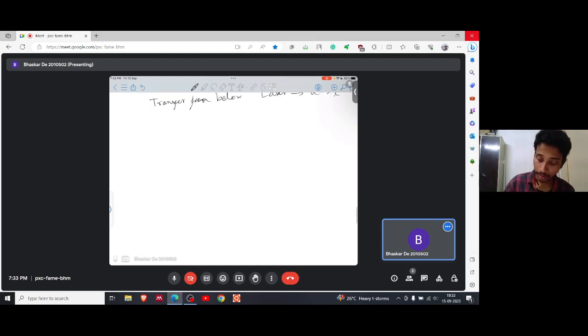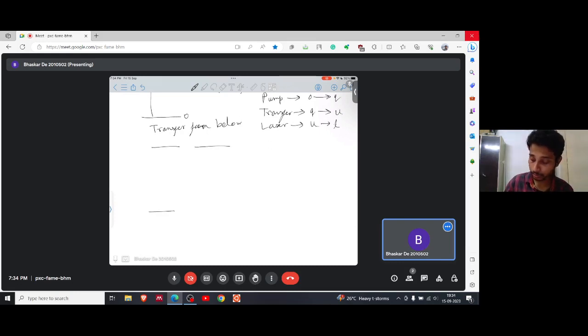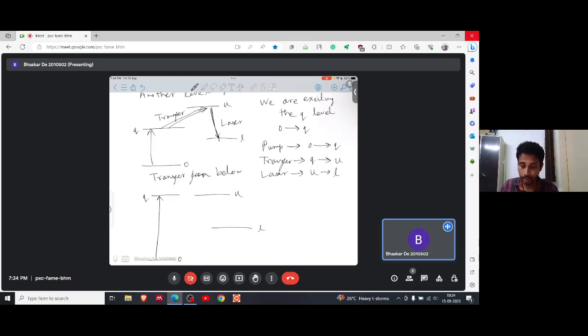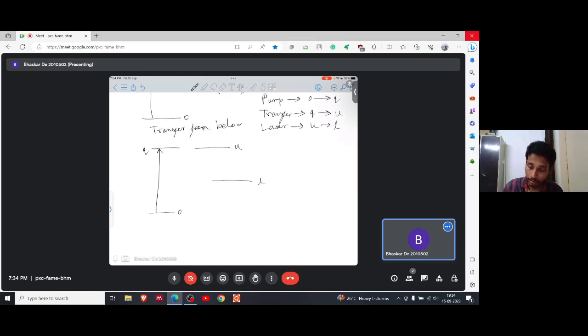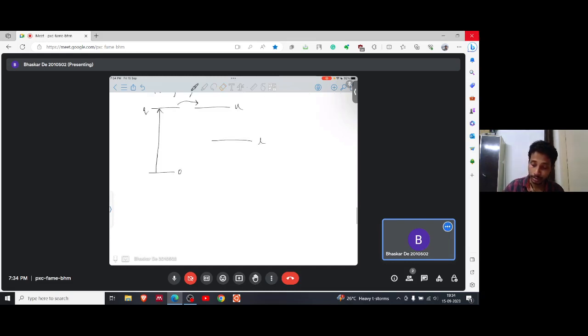Now there is another indirect pumping process. This is 0, this is Q, this is U, and this is L. Here the pumping is done from 0 to Q, as I mentioned in the earlier diagram, but here the transfer is like this. From here to here the population is being transferred, and then we have the lasing action here.